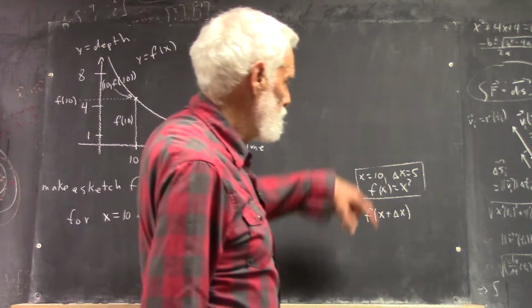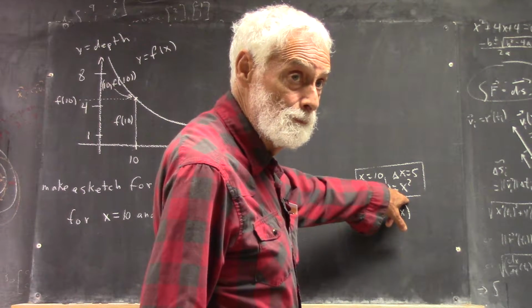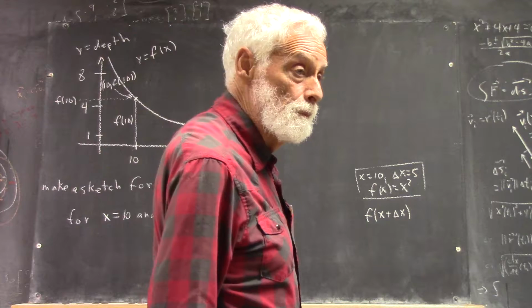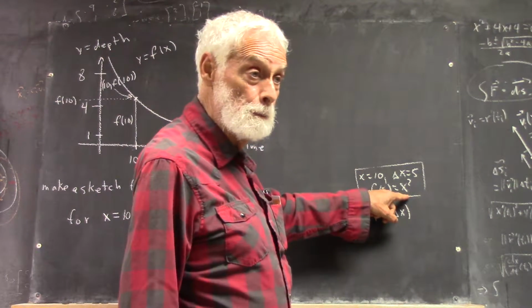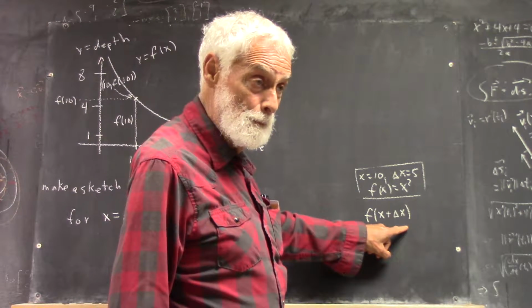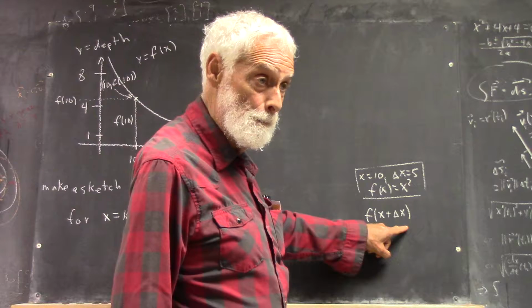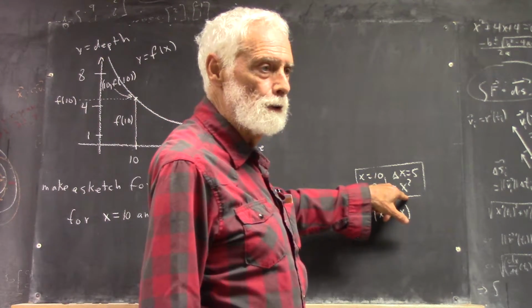Okay, x is 10, delta x is 5, f of x equals x squared. Right? Where did we get that? Why I just wrote it down. If f of x is x squared, then we want to see what f of x plus delta x is, right? This graph does not correspond to x squared.